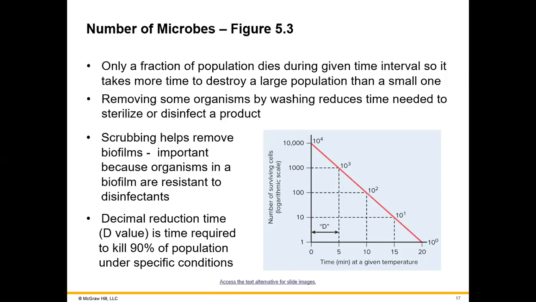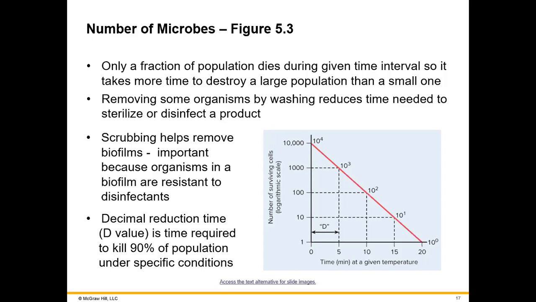Now, you can produce a similar curve to give you the so-called decimal reduction temperature. And in that particular setup, on the x-axis, instead of plotting time, you plot temperature. And you fix the time. So you would say, I would like to treat my sample for 10 minutes.